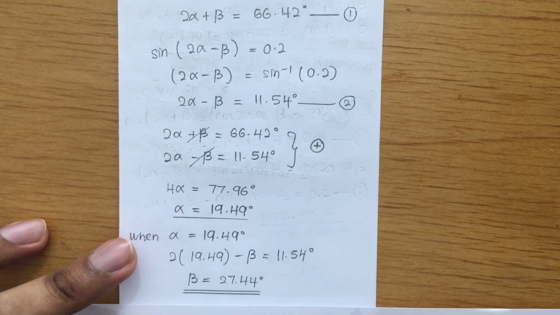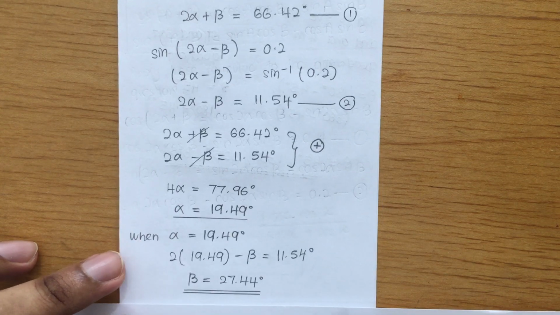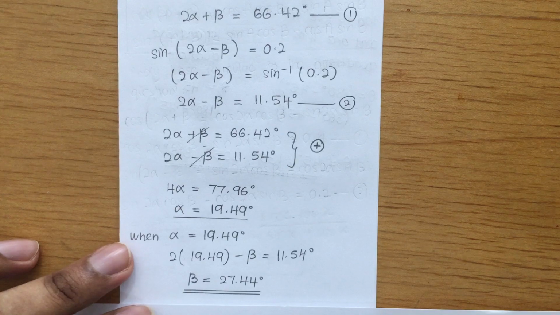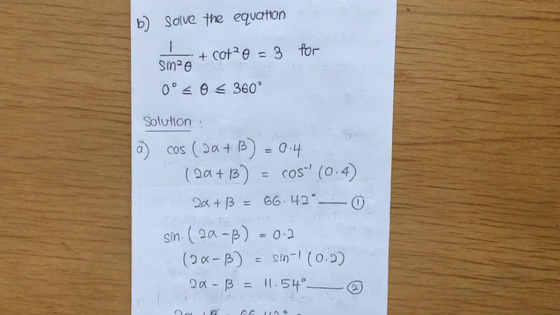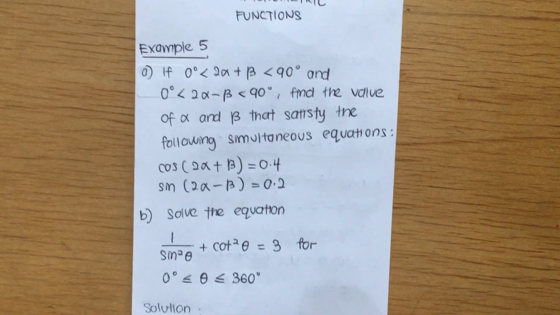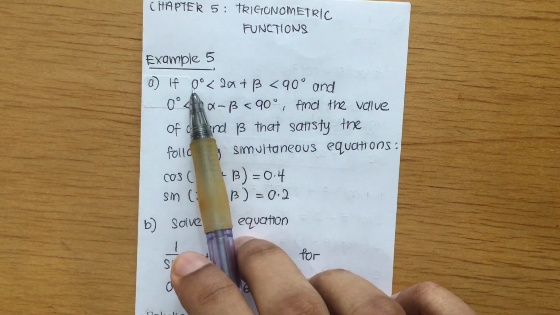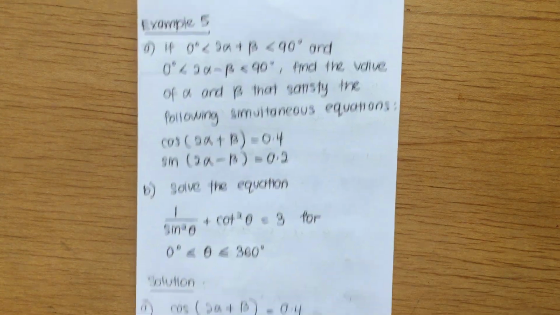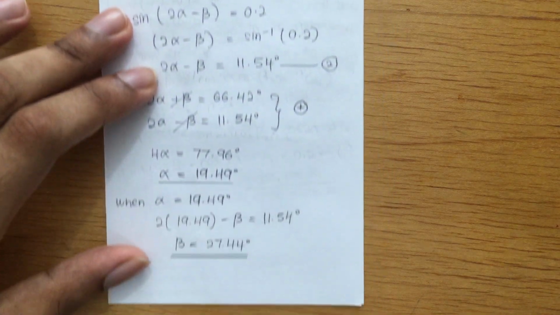Alright guys, you might be asking me a question: why didn't we change it in terms of the second quadrant and fourth quadrant and so on? The answer is very simple guys. If you look at the question over here, the question already stated the range is 0 to 90 degrees. That means your answer must lie in the first quadrant.